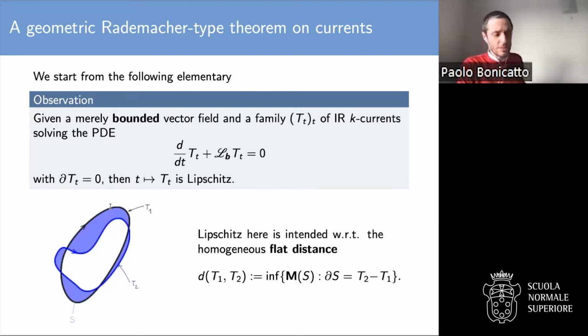And it's also a rather natural object to consider when working with currents, because it can be proven that the flat distance metrizes the weak convergence of currents on bounded sets. So it's a fairly natural quantity to consider in this geometric measure theory setting.